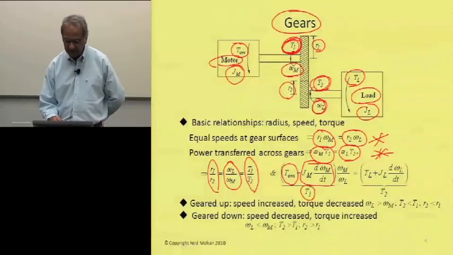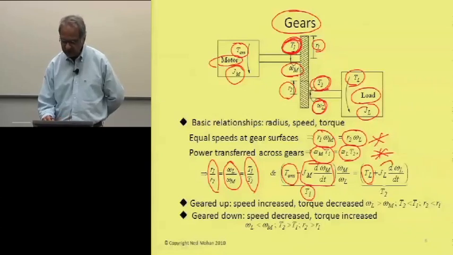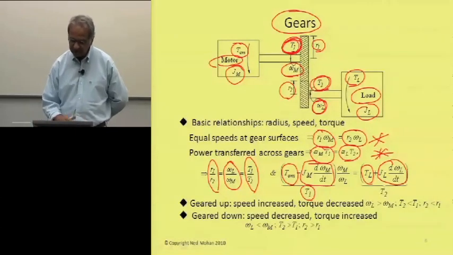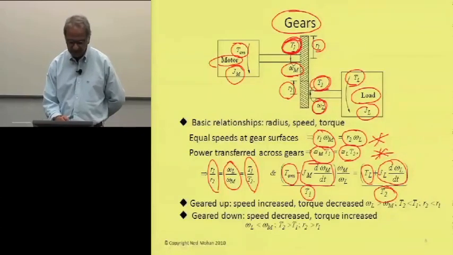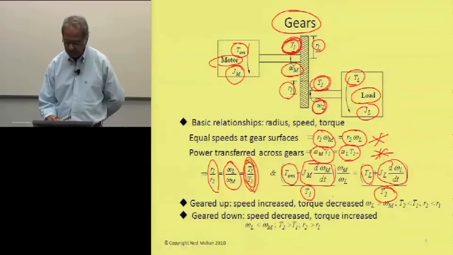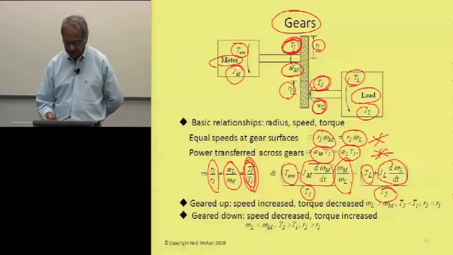T2 is equal to the opposing load torque plus the torque required to accelerate this load inertia. As you can see from this equation, T1 and T2 are related by this ratio, omega m and omega L.